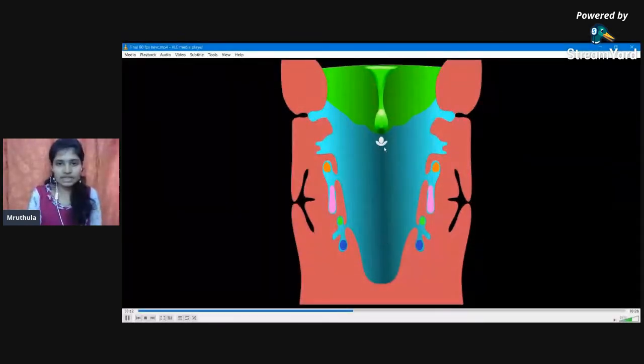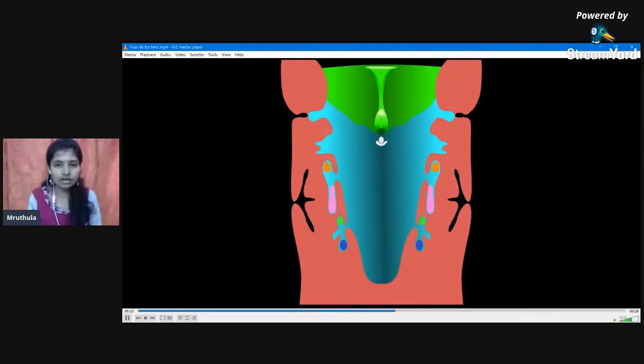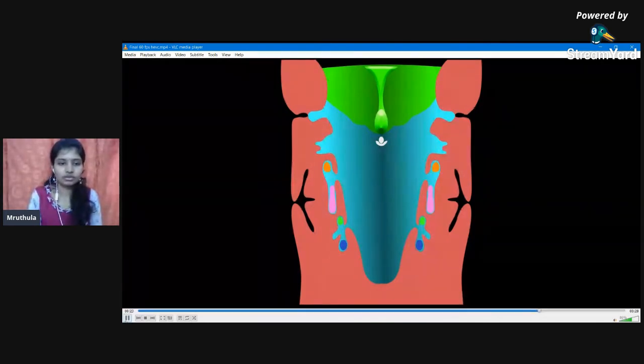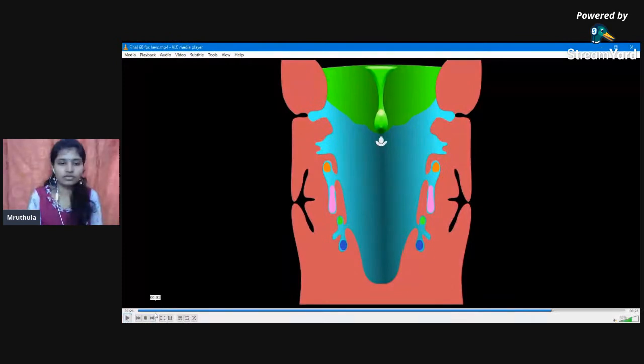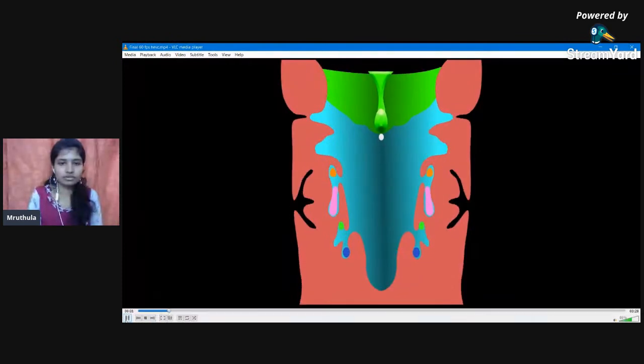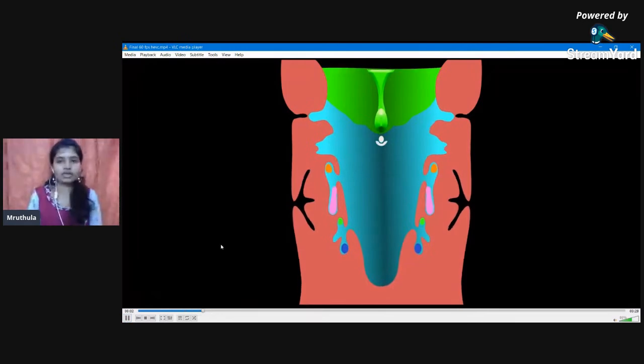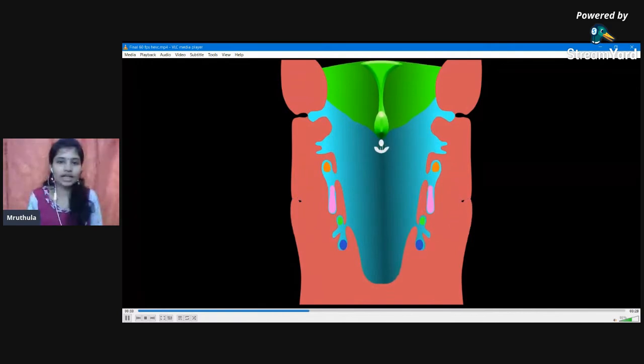So if you can see here, the white colored one is the endodermal thickening, and this endodermal thickening is now going to come down. The endodermal thickening will gradually come down. It will form a depression called the thyroglossal duct.